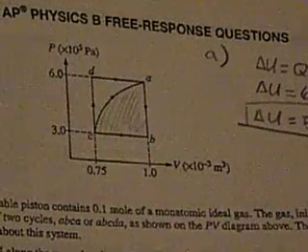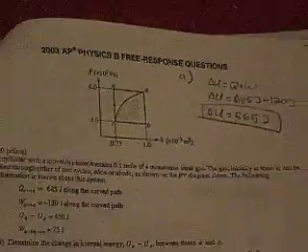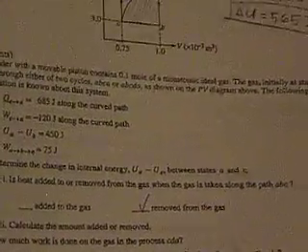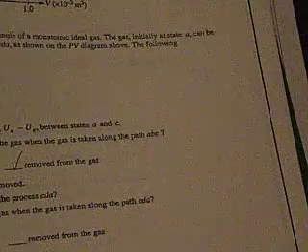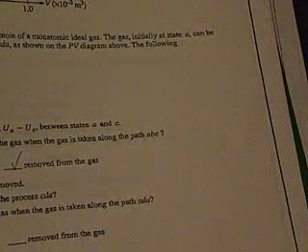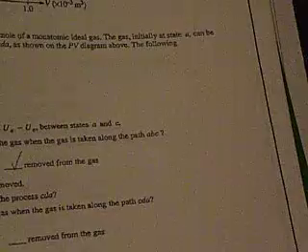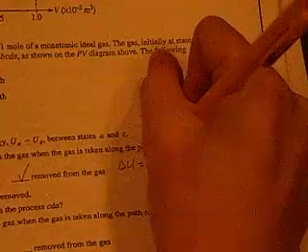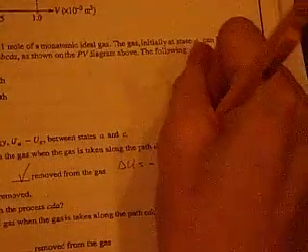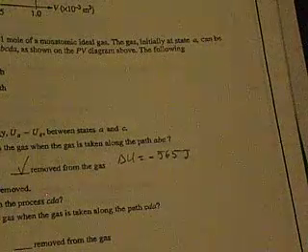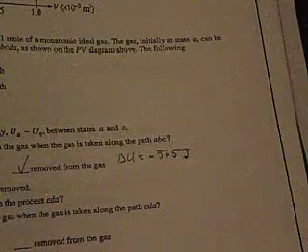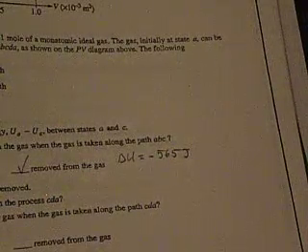Well, when you think about it, heat is going to be removed because there is a negative delta U, equal to negative 565 joules. Okay? So when you think about it, it's asking you to, again, calculate the amount added or removed. So we're going to prove this now.